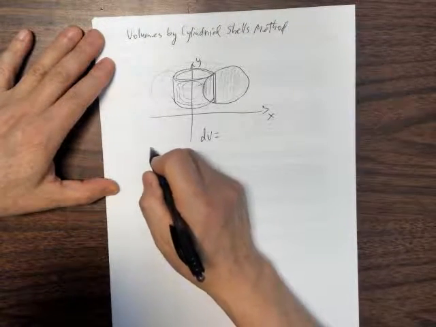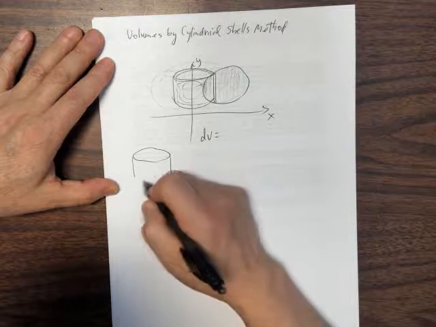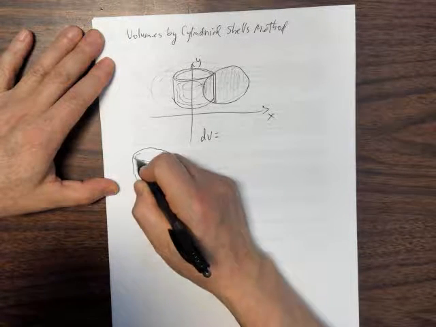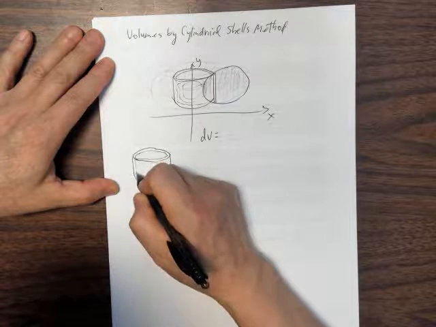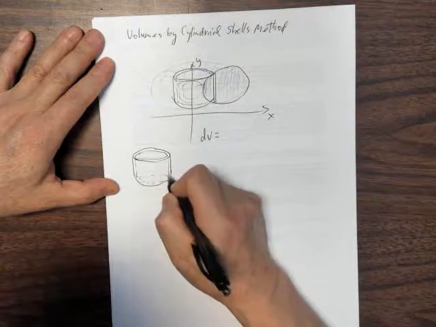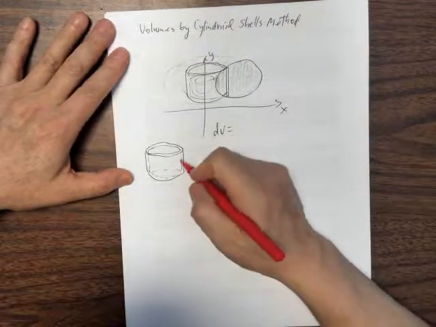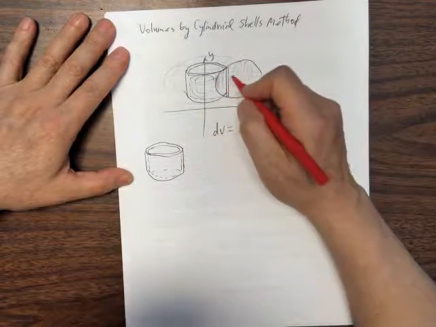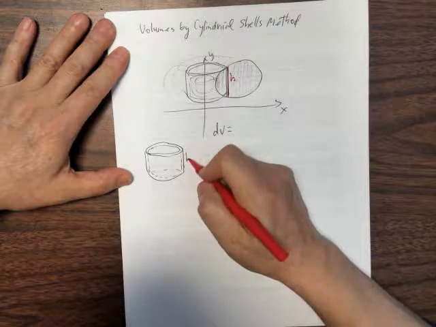Now, to derive a formula for the volume of one shell, let's take this shell out of the picture and just focus on the shell to see what kind of formula we can come up with. This shell is taken from here. Suppose the height of the shell is h, so this is h.